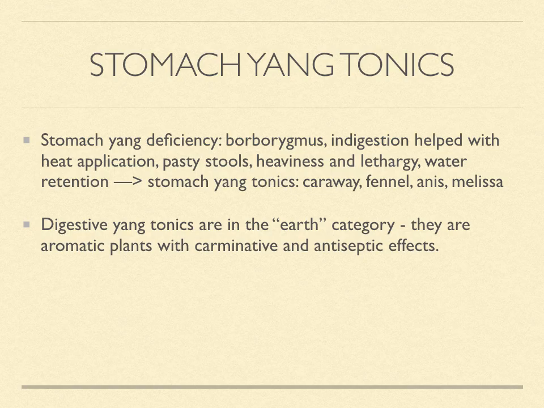So Melissa, for example, is very useful for people with anxiety, palpitations, difficulty falling asleep. And for many patients, we will not use Melissa at all for its digestive effect, but mostly for its soothing effects on the nervous system and at calming the sympathetic response in the chest area with palpitations and so on.